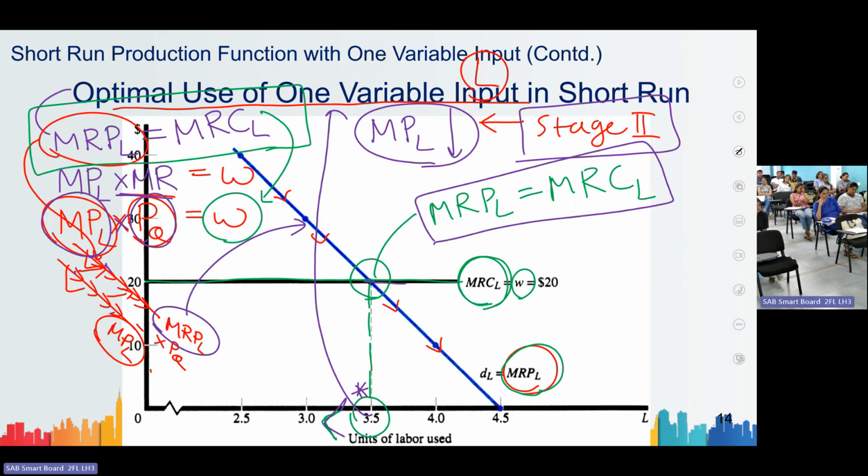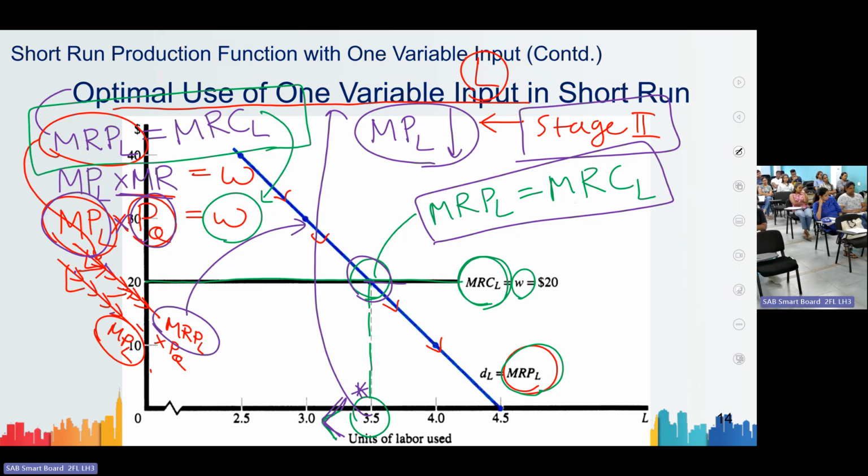For the optimum use of one variable input, marginal revenue product of labor should be equal to marginal resource cost of labor, and that is found at this intersecting point. This intersecting point corresponds to this much of labor, and that is L star, the optimum level of labor.